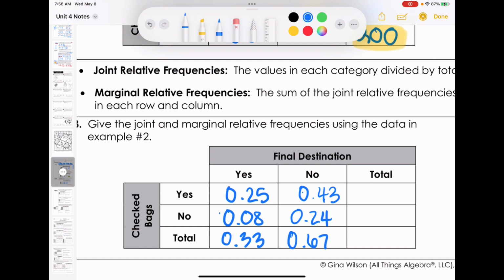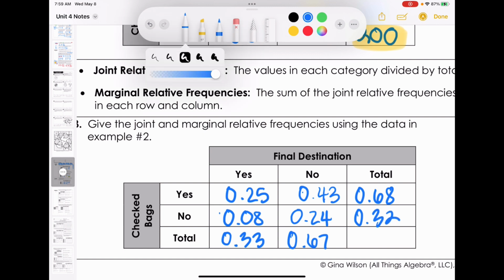For my rows, I'm going to add the yes row, so 0.25 plus 0.43, that gives me 0.68. The no row, 0.08 plus 0.24 is 0.32.